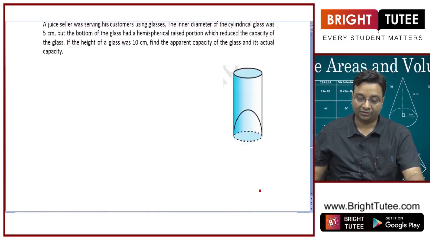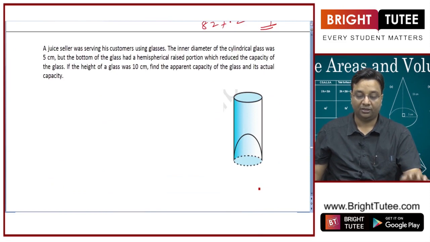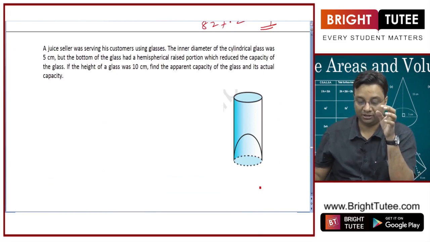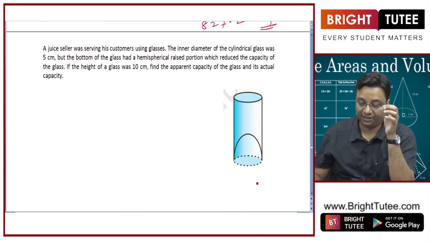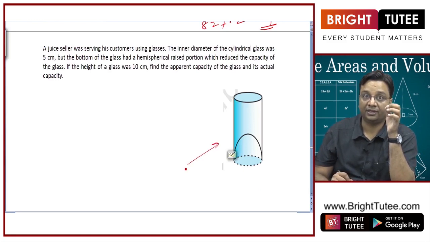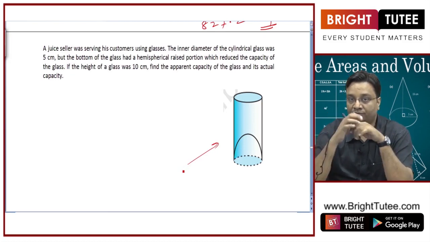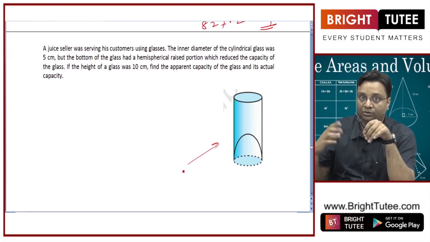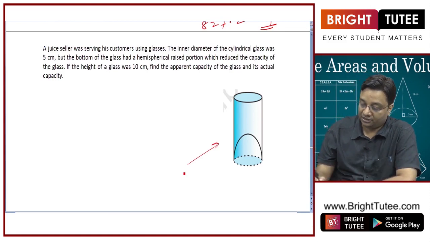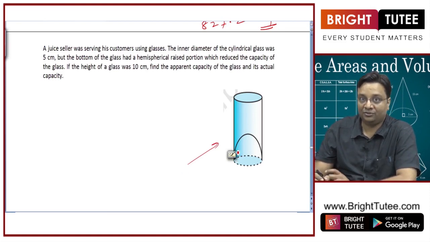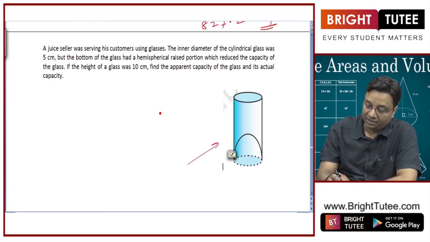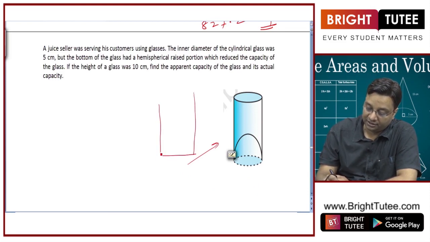Now this is an interesting question. There is a juice seller who is serving his customers using glasses, right? And the glass on the outside looks like this, right? The customer will think that he is getting a glass full of juice, right? But the trick is that at the bottom of this glass there is a hemispherical shape inside it.